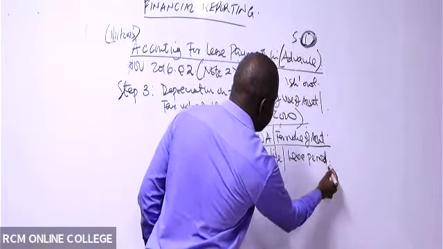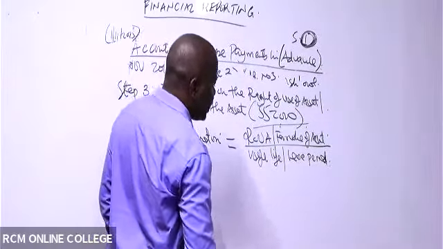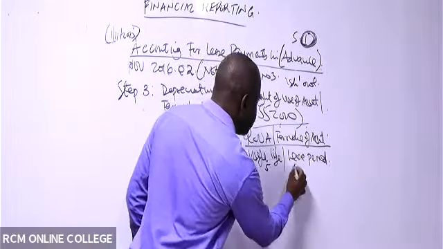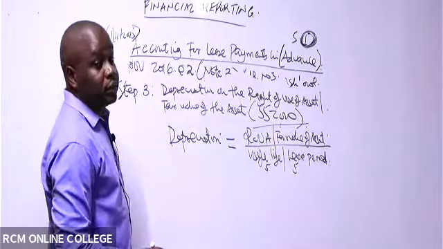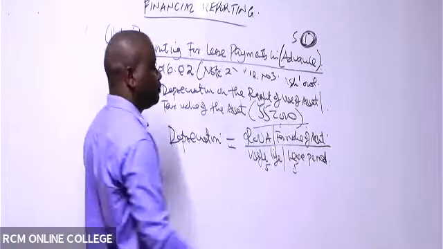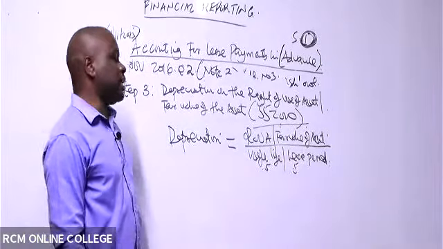But there's something I already told you. In our question here, they have given us a similar useful life. This one is 5, this one is also 5, this one is 5, this one is also 5. So we just pick 5.